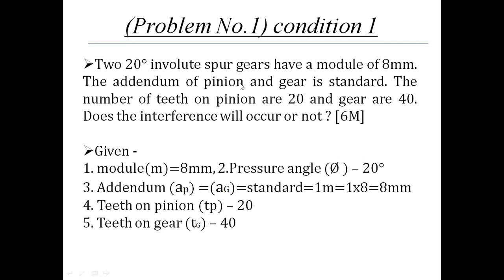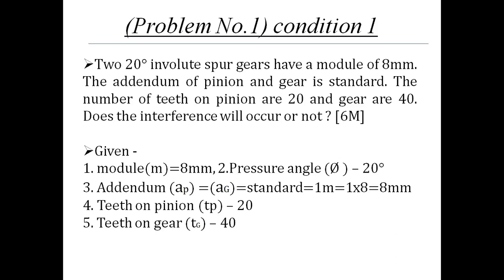The addendum of pinion and gear is standard. The number of teeth on pinion is 20 and teeth on gear is 40. And the question is, will interference occur or not? That question was asked in the examination for 6 marks.